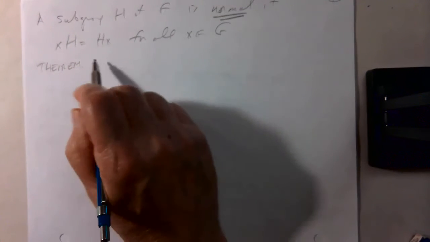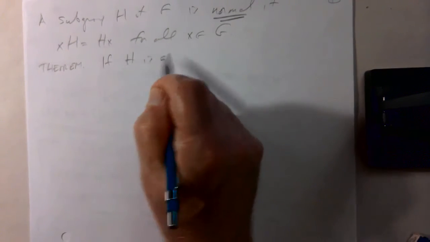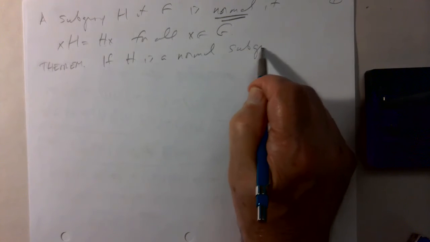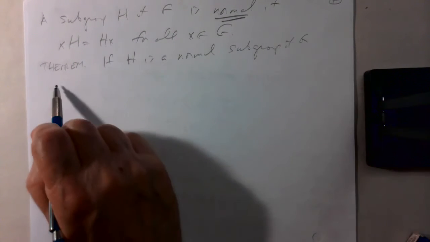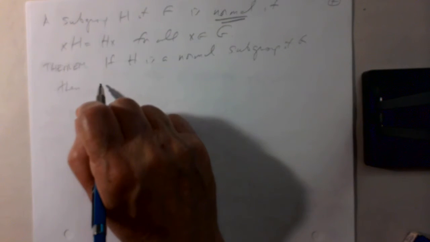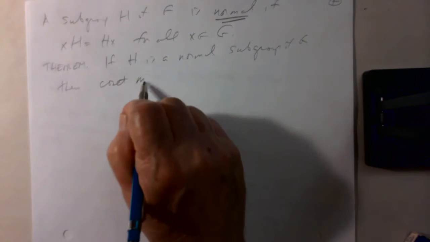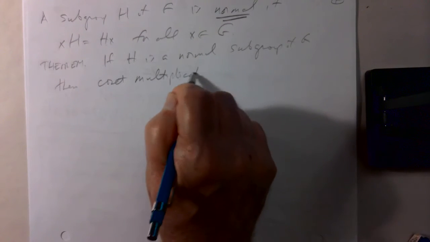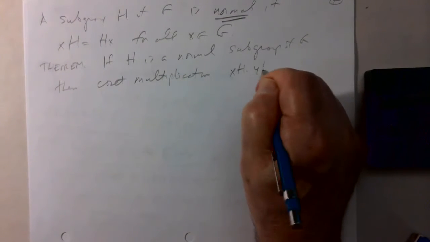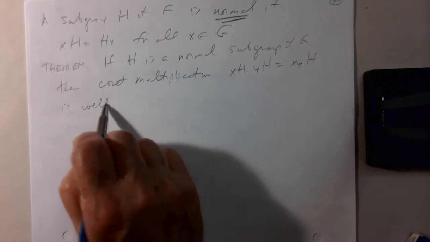And there's a theorem that says if H is a normal subgroup of G, then coset multiplication, defining XH times YH to be XYH, is well defined.